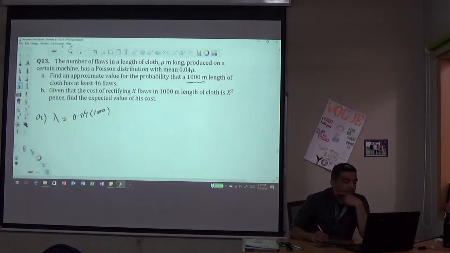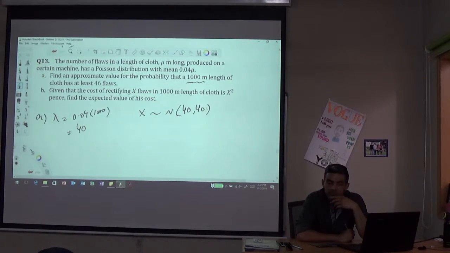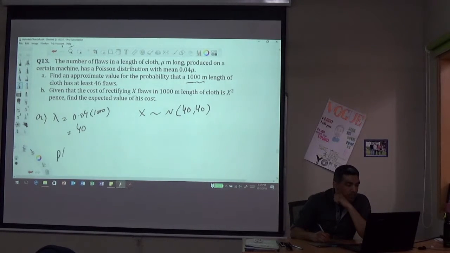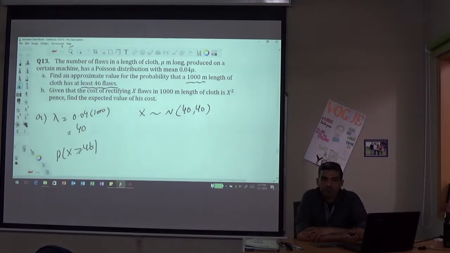So lambda is 40. So we can approximate it by a normal distribution using the same mean and the same variance. What do we want? We want the probability of at least 46 or more, greater than or equal to 46.